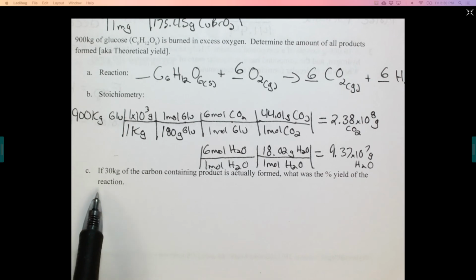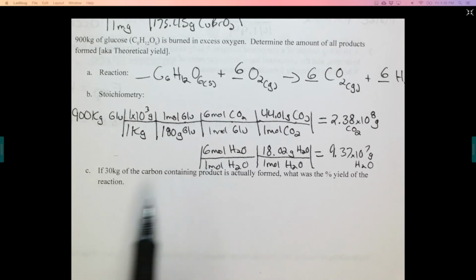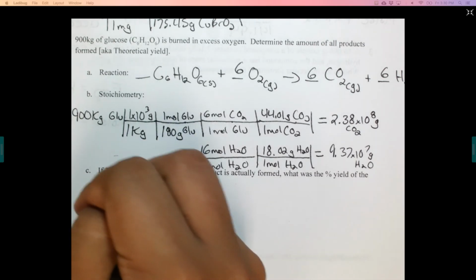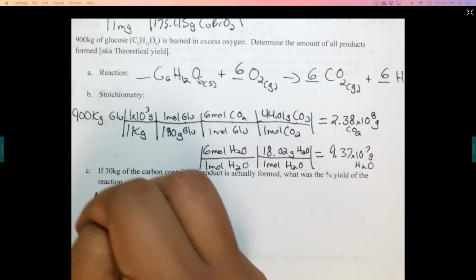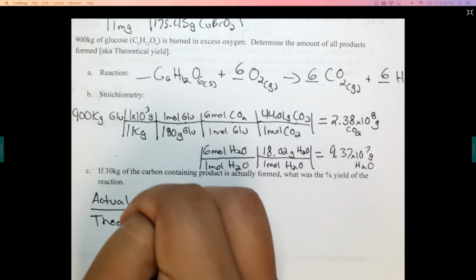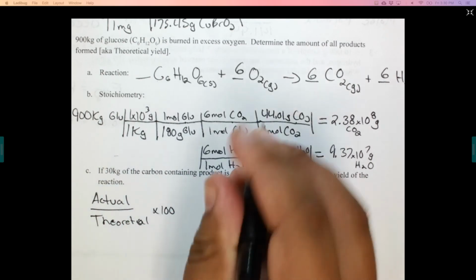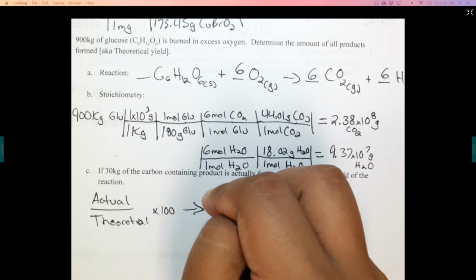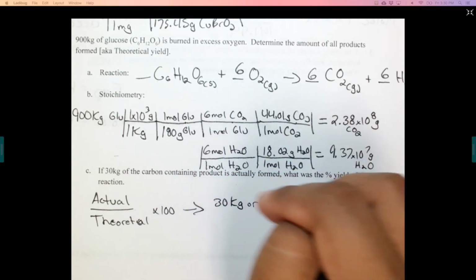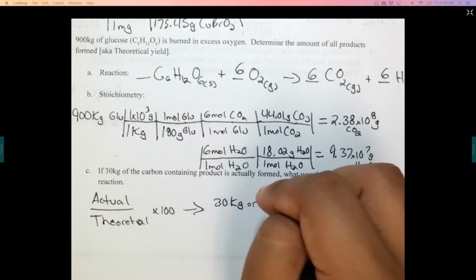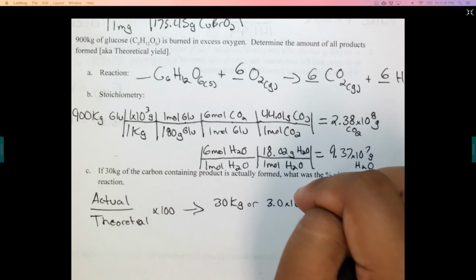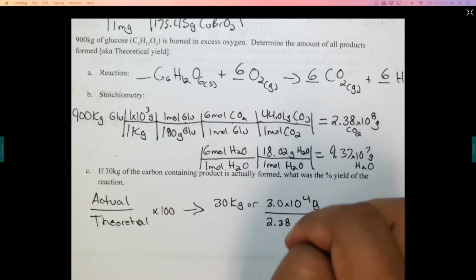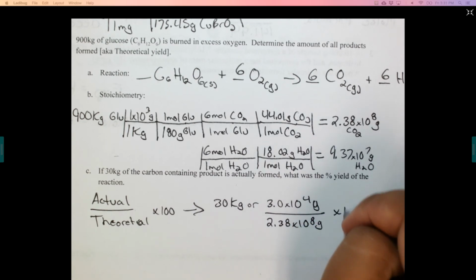Okay, now part C talks about percent yield, and percent yield is just actual over theoretical times 100, right? Therefore, the actual is 30 kilograms, or 3.0 times 10 to the 4 grams, and we can put all of that over 2.38 times 10 to the 8 grams times 100.